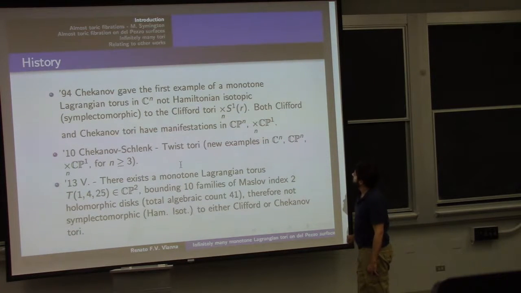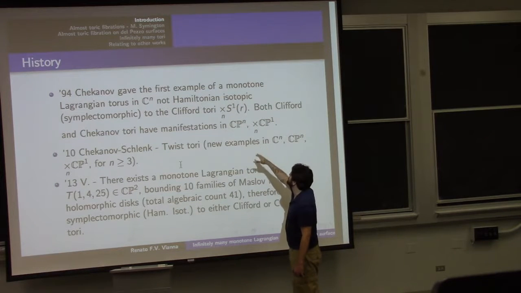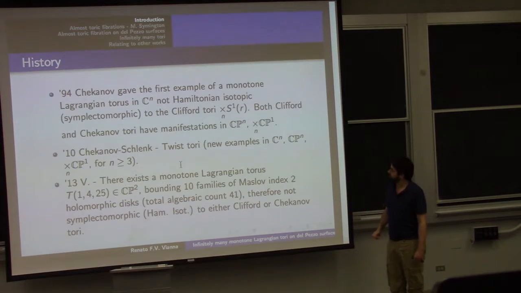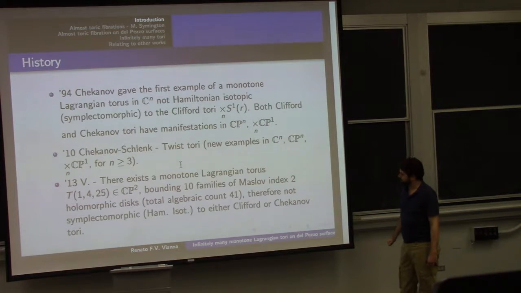These tori have manifestations in some compactifications of Cn, like CPn and the product of CP1s, and they remain different up to Hamiltonian isotopy in these compactifications.